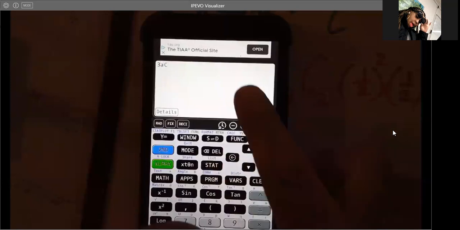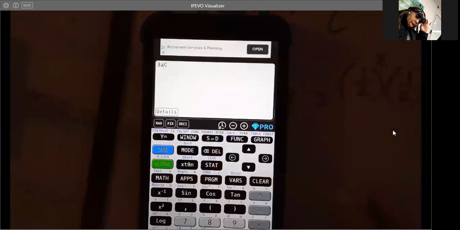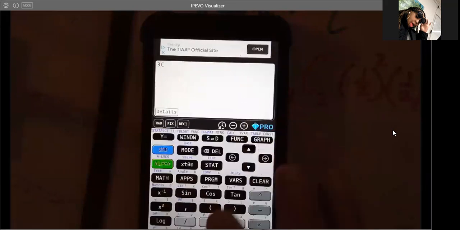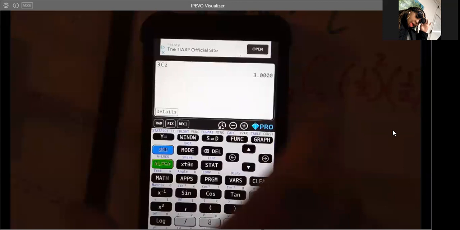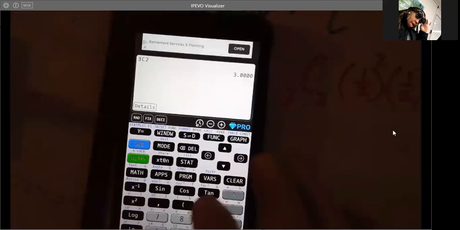You click that, and you go to 3, combination. Is there an A there? I don't want that A. All right, let's start over. 3, and then math, and then probability, 3. Then you put 2 in. It's a combination of 3 taken 2 at a time, and then you open 1 over 2, close it.